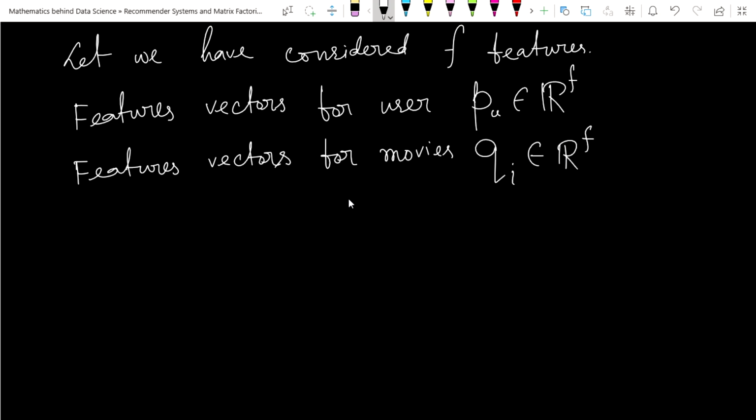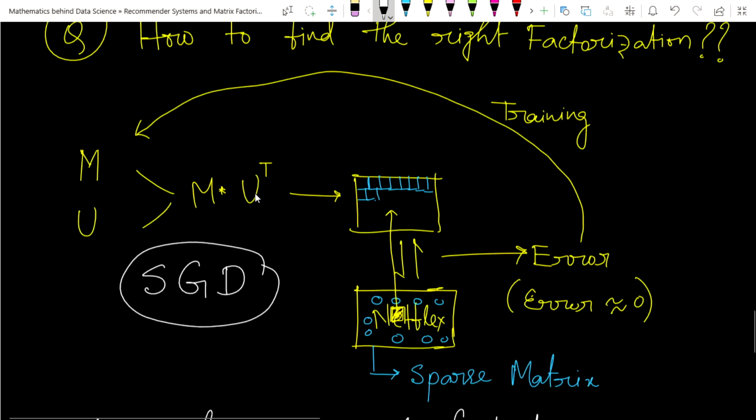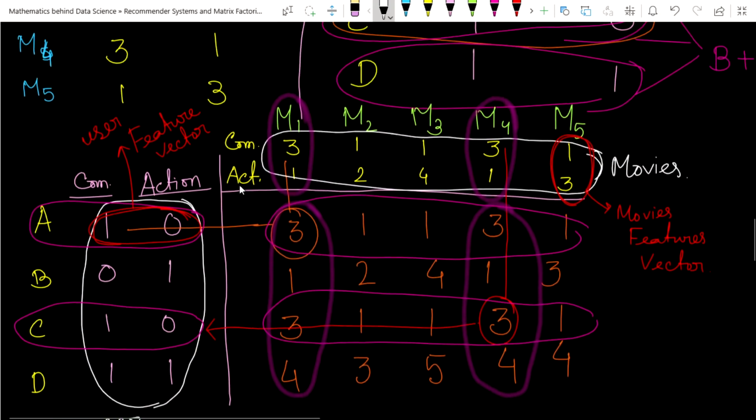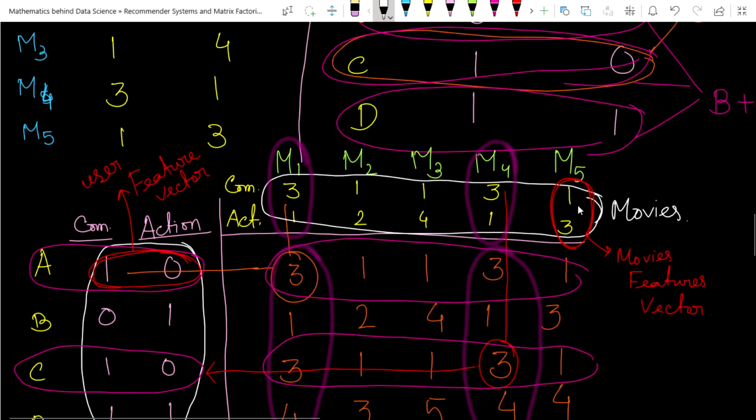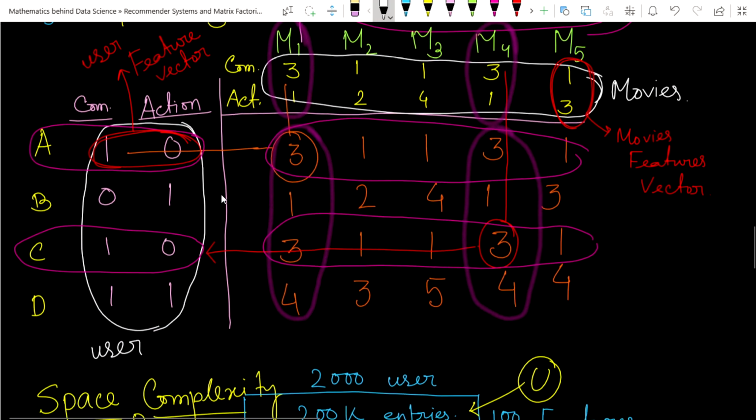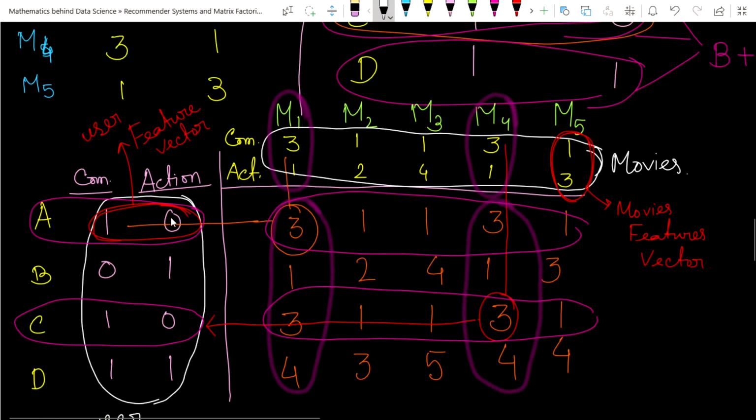Now if we take the dot product between these two features vectors, then we get the rating for this user. If we consider this a column vector, then we have to transpose the user vector.